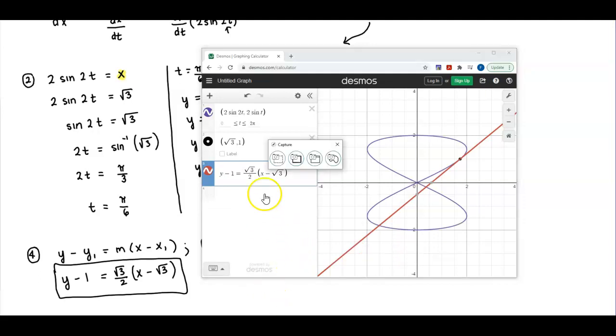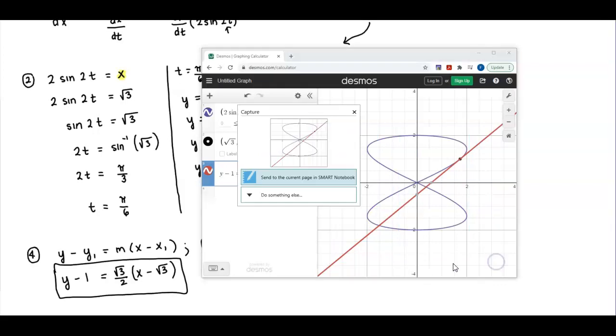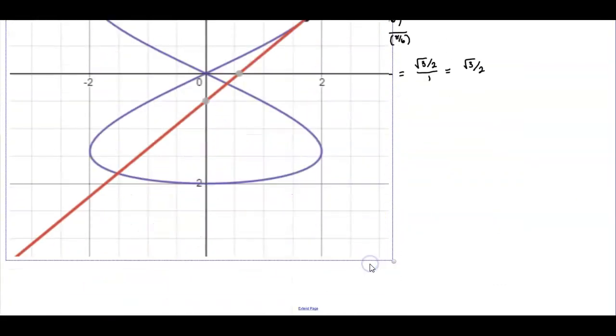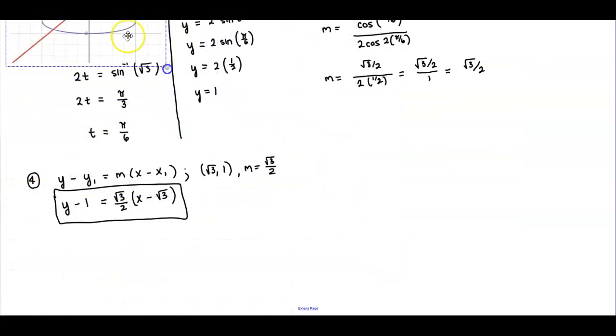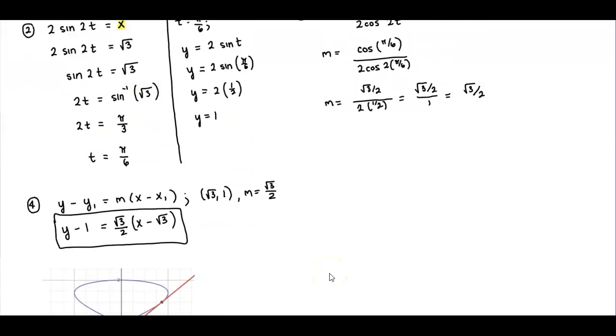So now we should see what that graph looks like. So there is our graph.